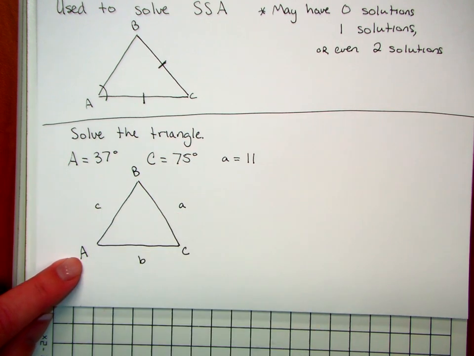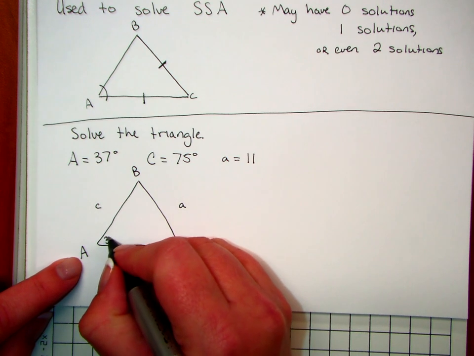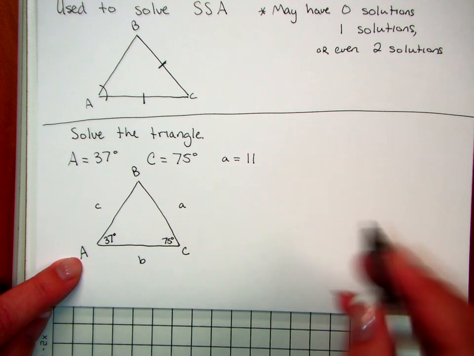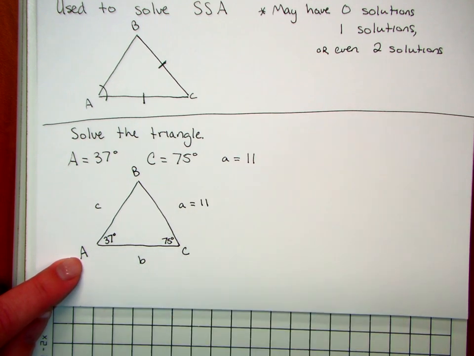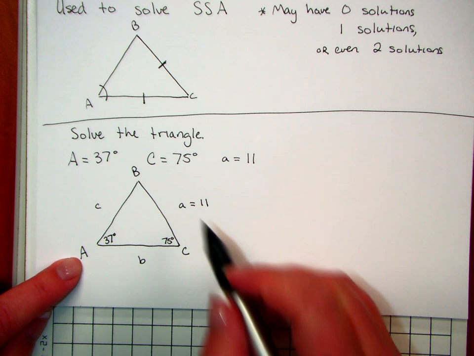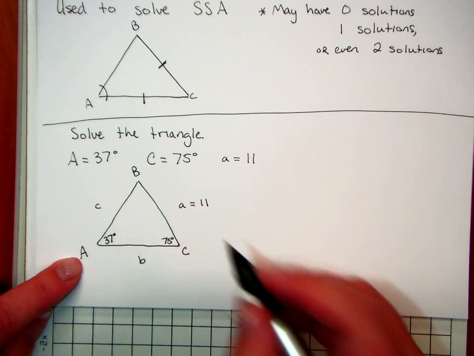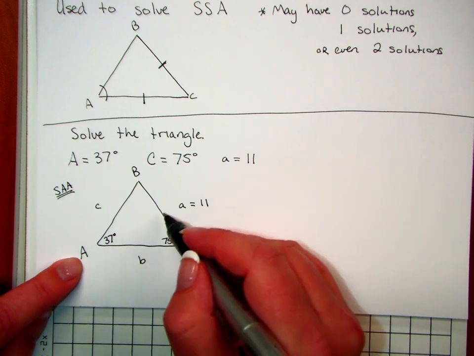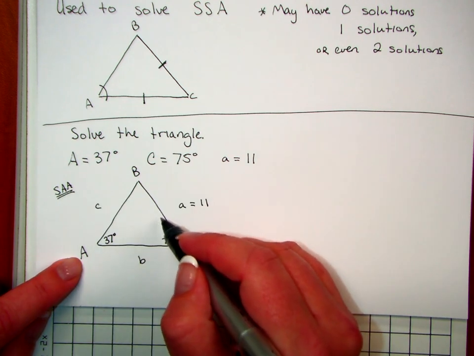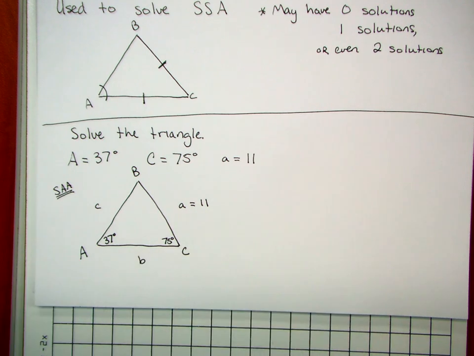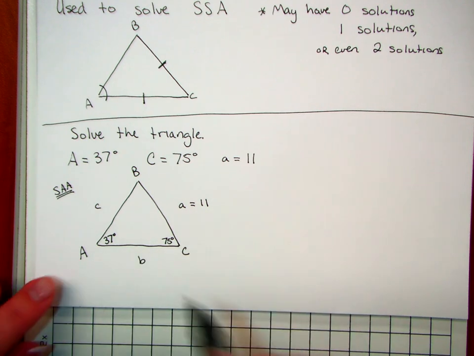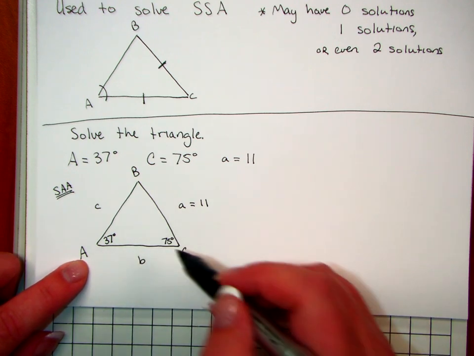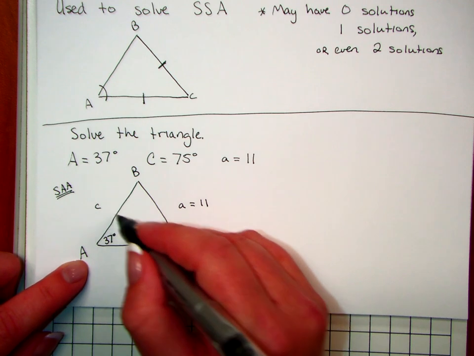So we know angle A to be 37 degrees, angle C to be 75 degrees, and little a to be 11. So this is a side-angle-angle, because if I start here, I know the side, and then the next immediate angle, and then the next immediate angle. Since we're given angle A and little a, I'm going to set up that proportion, and then solve for little c first.